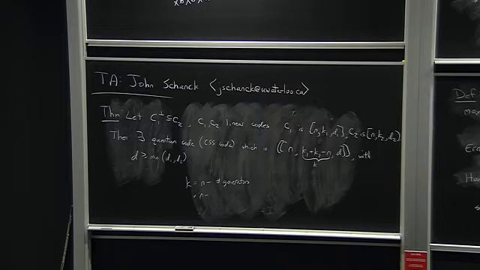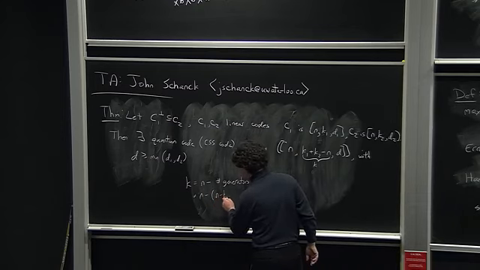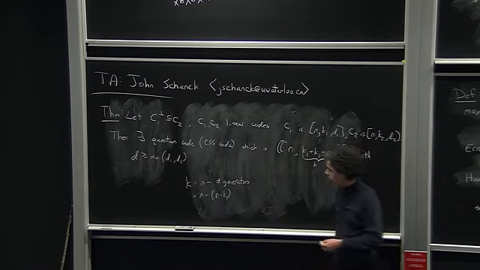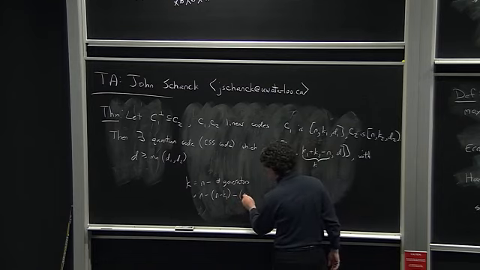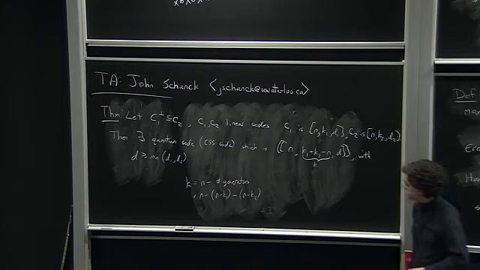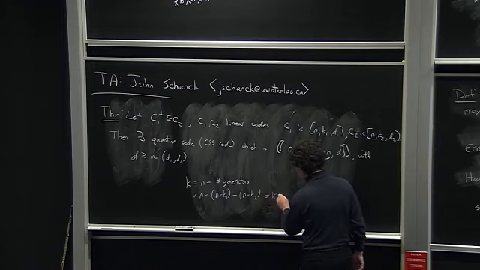So there's n minus k1 rows for the parity check matrix for H1, and that gives us n minus k1 generators as stabilizer. And similarly, we get n minus k2 generators from C2. And putting this together, what do we get? We get exactly this, k1 plus k2 minus n.